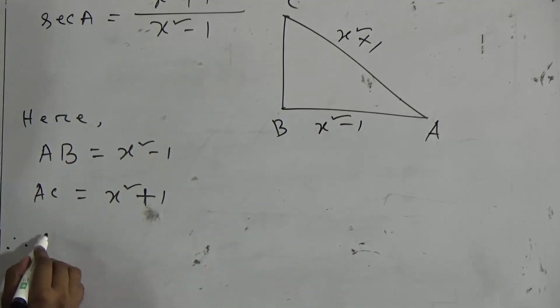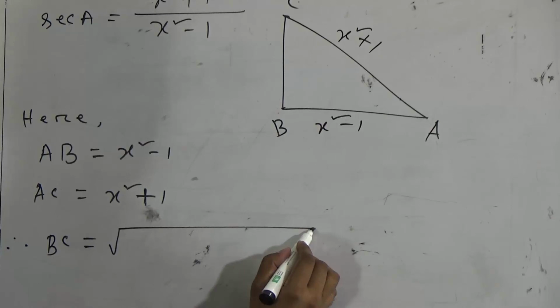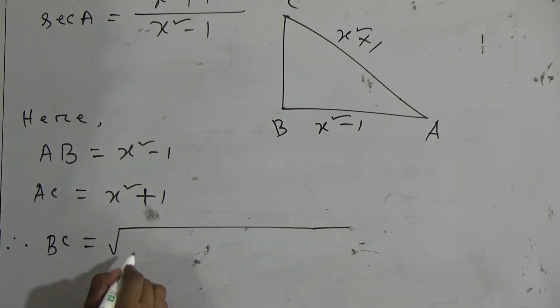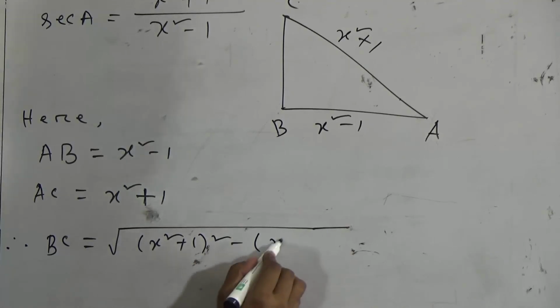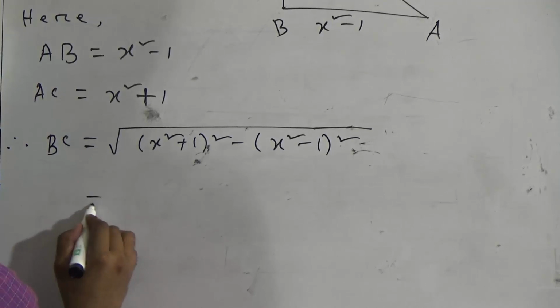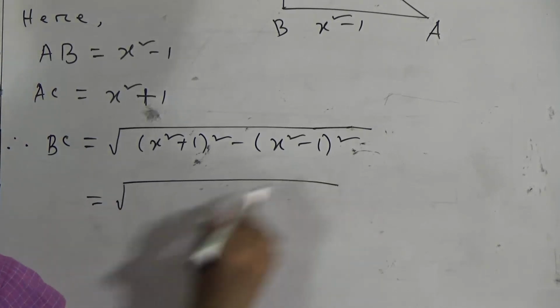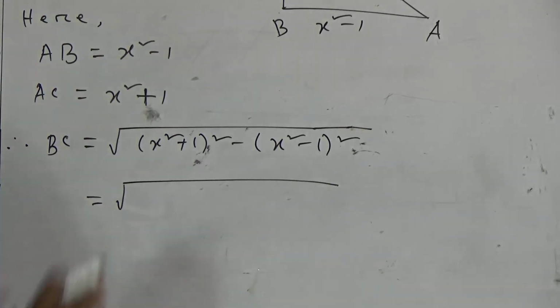Therefore, BC is the opposite side, and BC is equal to root over of x square plus 1 whole square minus x square minus 1 whole square. Now we can apply the formula a plus b whole square minus a minus b whole square. We will consider x square as a and 1 as b.